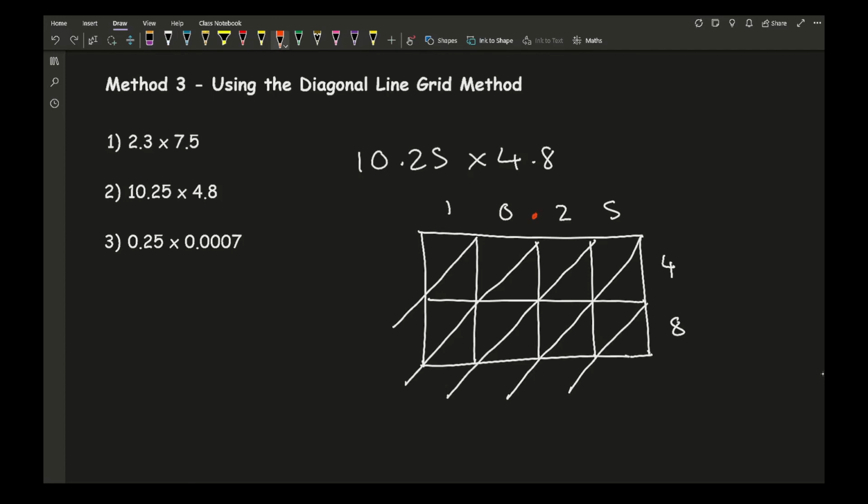And so my decimal point is here and there. And so the decimal points will meet at this point here, meaning that my decimal point in my final answer is going to go here. So I'm just going to write it there. And the next thing for me to do is then do the multiplying. So I've got 20, 40, I've got 16, and no, I haven't. I've got 8.